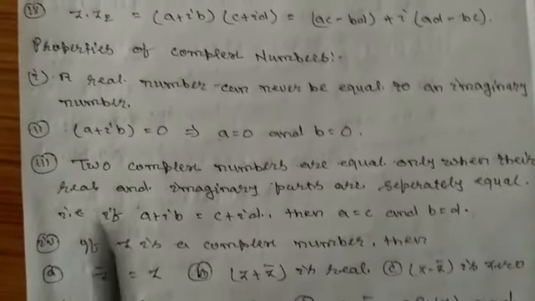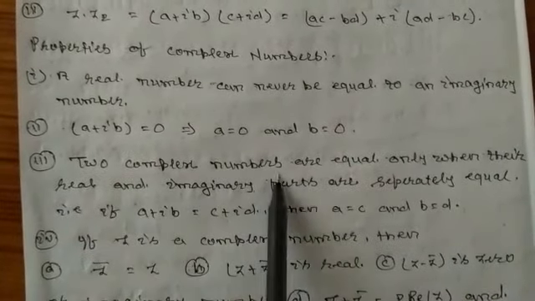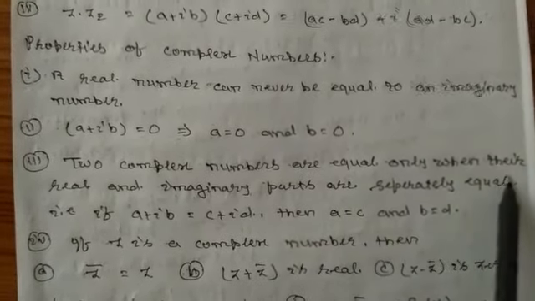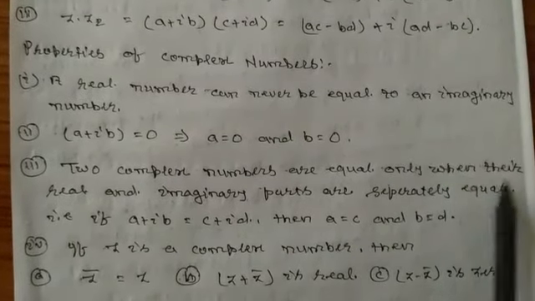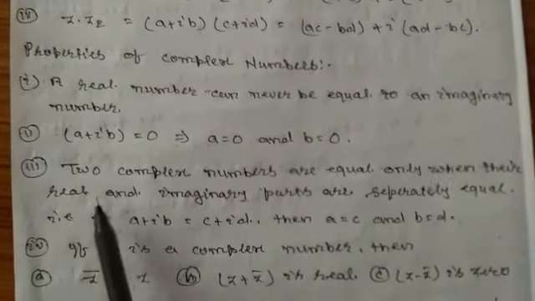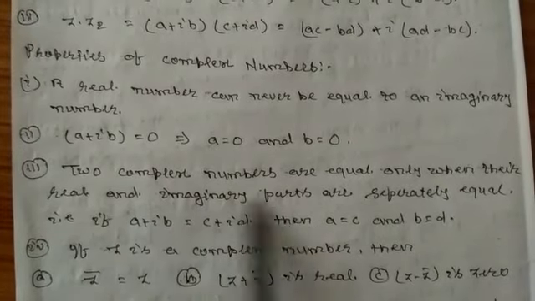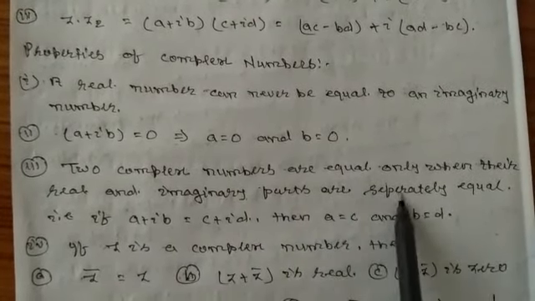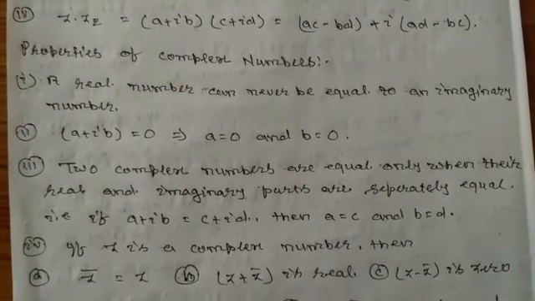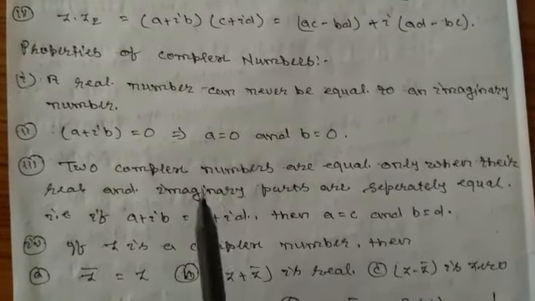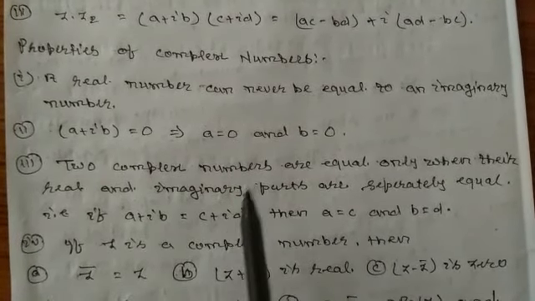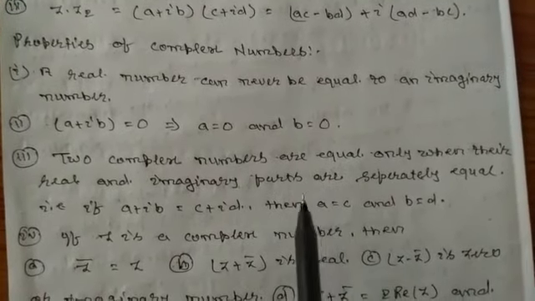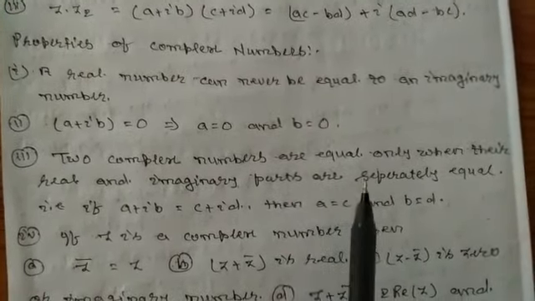Now third, two complex numbers are equal only when their real and imaginary parts are respectively, separately equal.